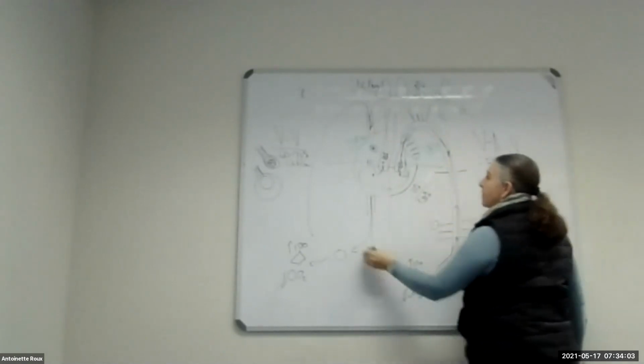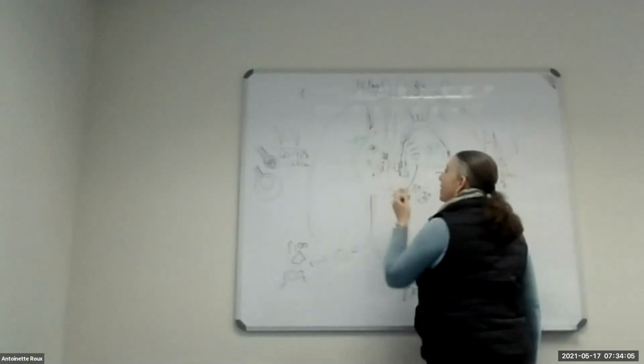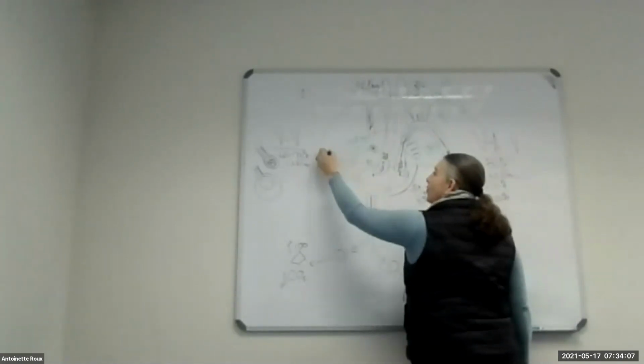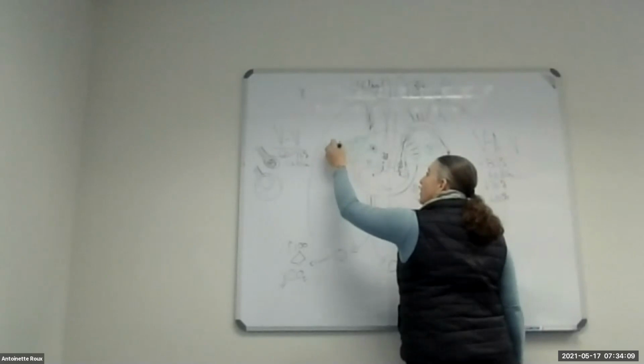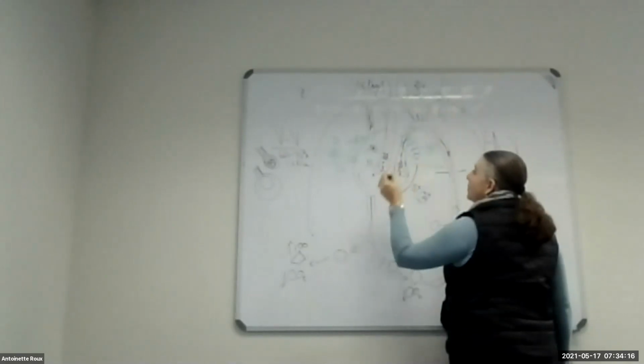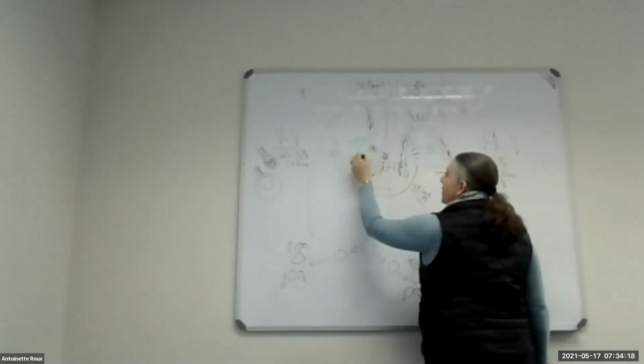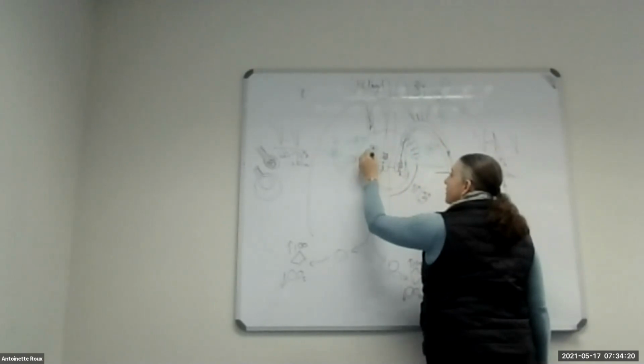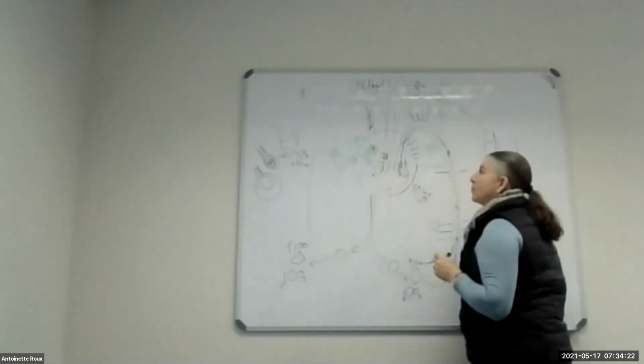Then this HP travels back to your right atrium. In this whole process, your HP has lost 1 oxygen molecule. So if you were 100% saturated and all 4 were full, now you've lost 1, so now your SVO2 would be 75% if you're a normal person.